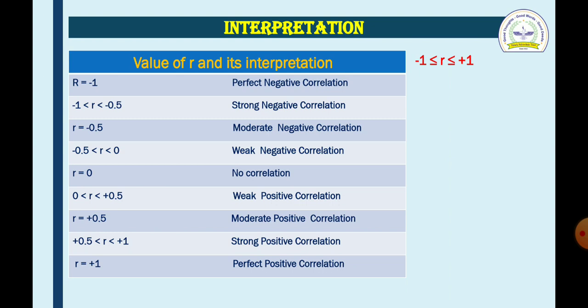The sign of the correlation coefficient helps us understand the direction of the association, and the value of r helps us understand the intensity of the correlation. Thank you.